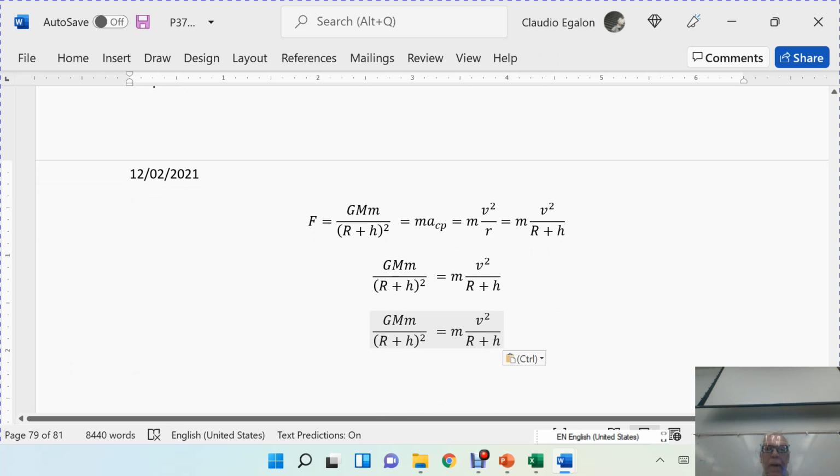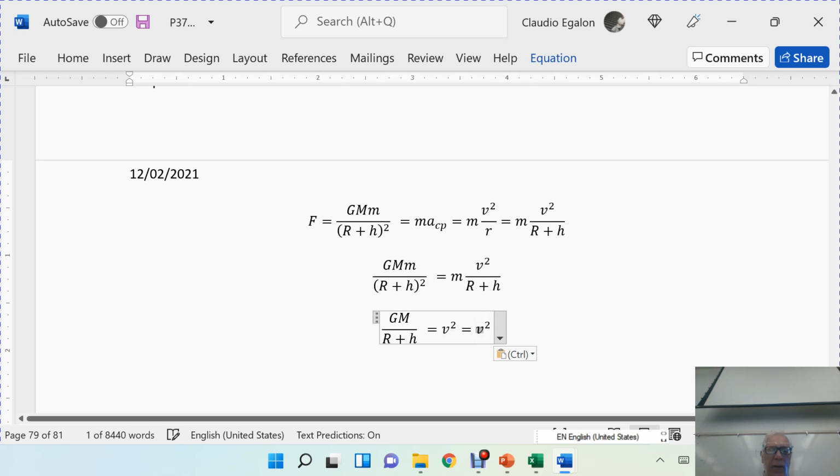We're going to cancel this r plus h with this r plus h here, and cancel this little m with this little m here. Now the period of the satellite around the Earth is right in here, inside v. Remember that I told you it is uniform circular motion, right?